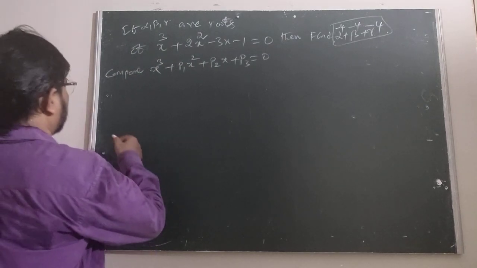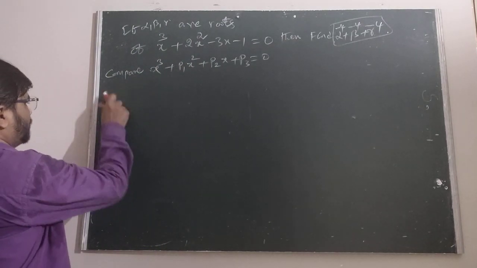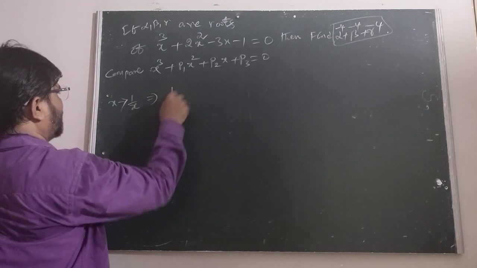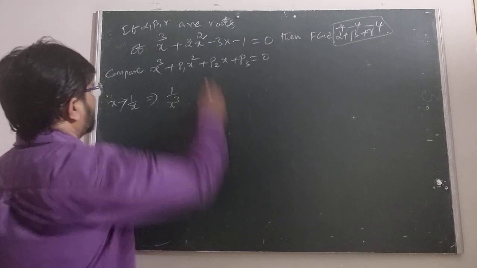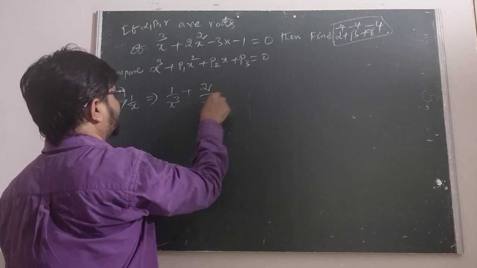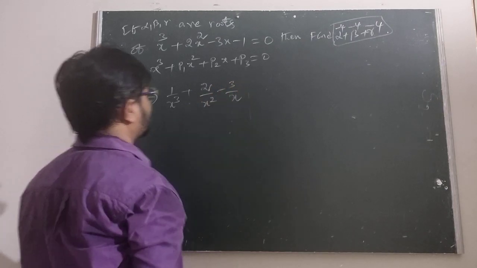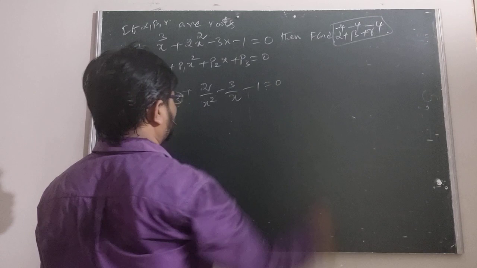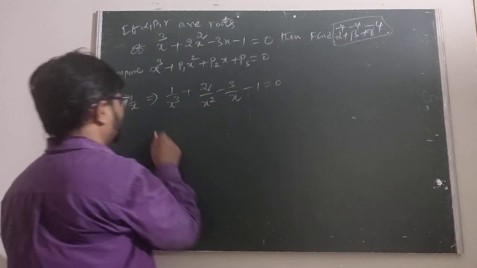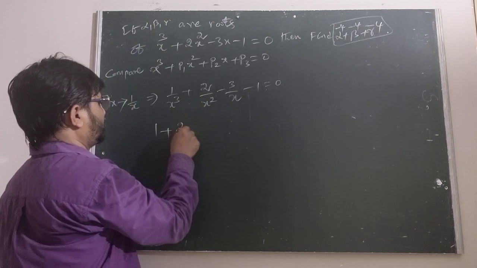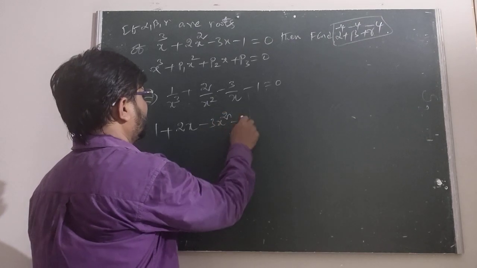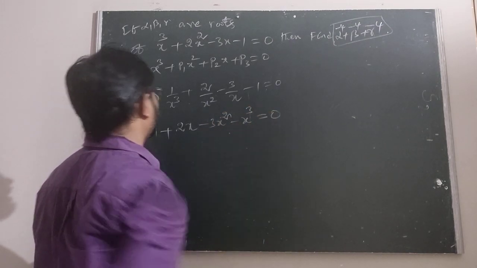Now you can replace it in the given equation by putting x equal to 1 by x. Then it will be 1 by x cube plus 2 by x square minus 3 by x minus 1 equal to 0. Now we are taking the LCM x cube, then it is 1 plus 2x minus 3x square minus x cube equal to 0.